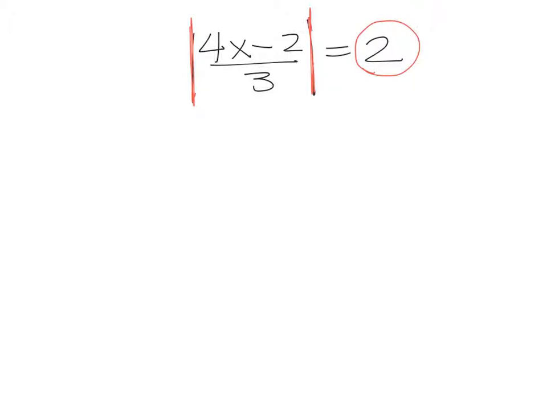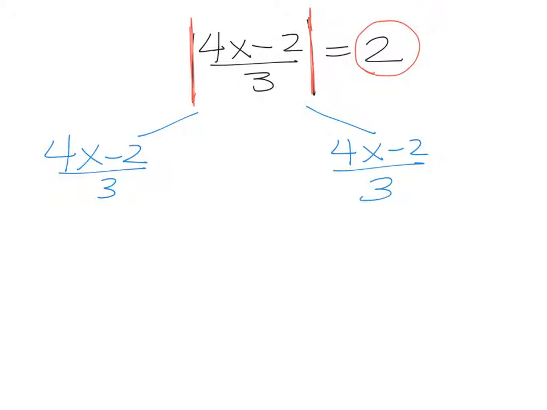So now you can break it out of jail. So you get to write down what's in the absolute value bars twice. 4x minus 2 divided by 3. 4x minus 2 divided by 3. Sometimes they're a good guy, so that's positive. Sometimes it's a bad guy, so it's negative. Now, most people don't like working with fractions.